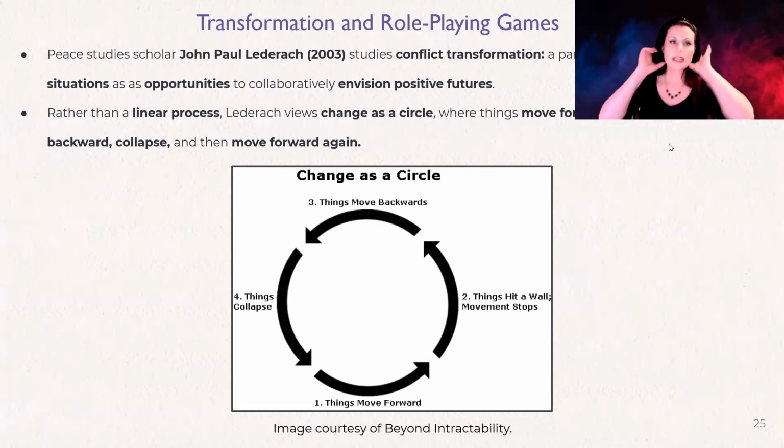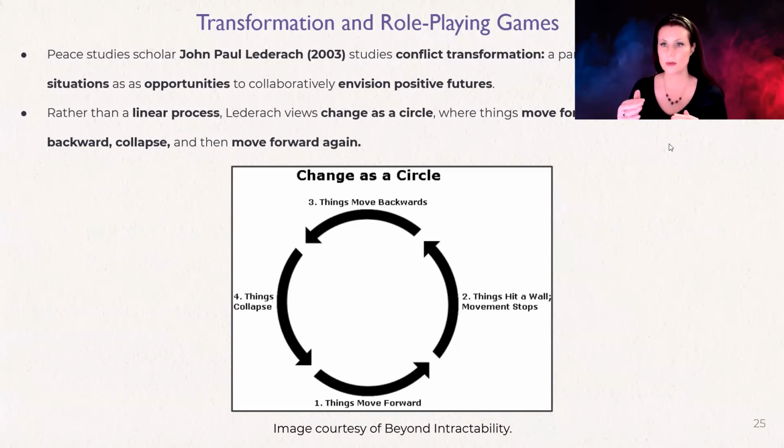So in terms of change, rather than a linear process, Lederach views change as a circle. So the idea behind the circle is things will move forward for a while, then they'll hit a wall and movement will stop. And then they'll move backward and it'll seem like we're 3 steps forward, 2 steps back, if you've ever heard that phrase.